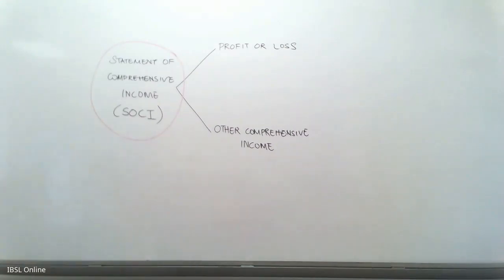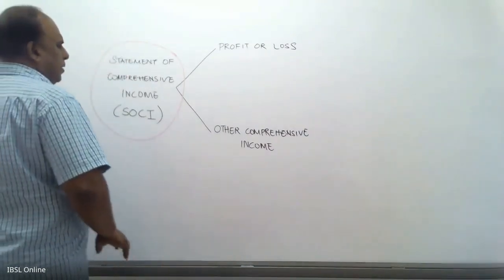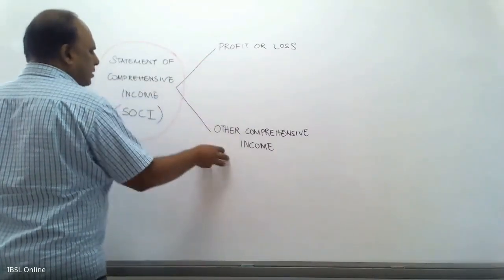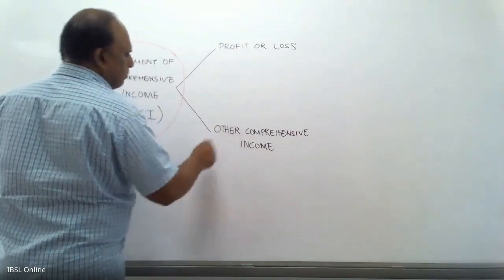But what these companies do when they go and publish financial statements, they use different terminologies, which is also permitted by the accounting standards body. So the statement of comprehensive income is broken into two parts. One is called the profit or loss, and the other part is the other comprehensive income.